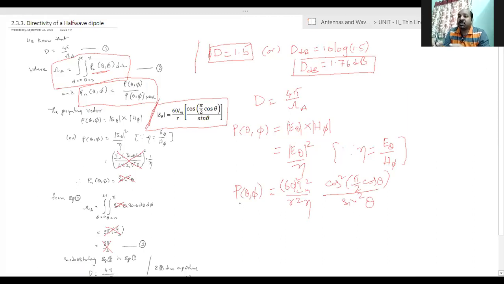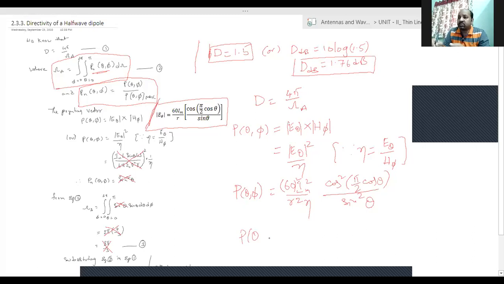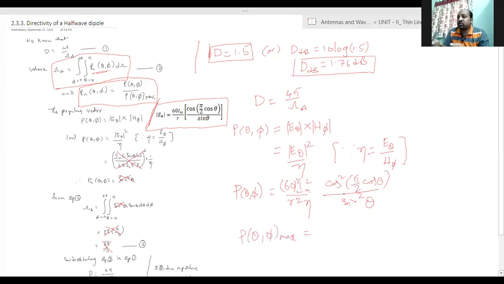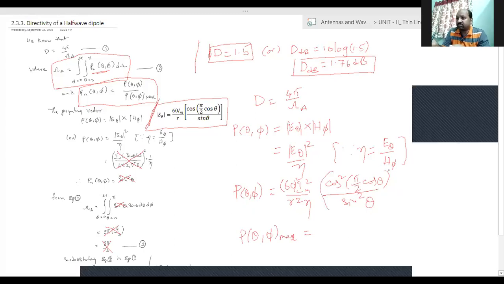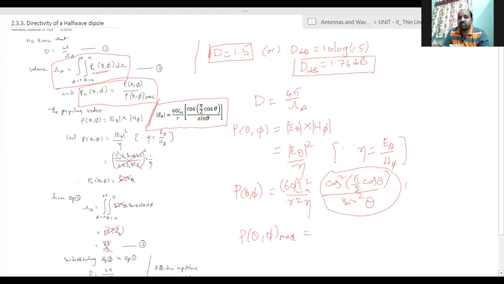To determine the normalized power, what do we require? We require the maximum value of this. The maximum value of this term is 1, because the maximum value of cos is 1 and the maximum value of sin is 1.